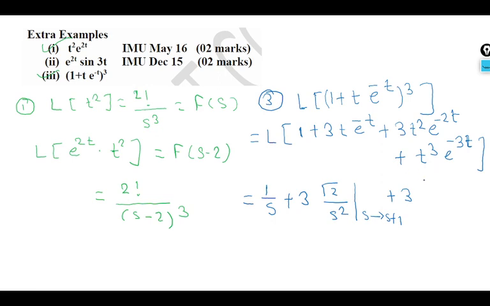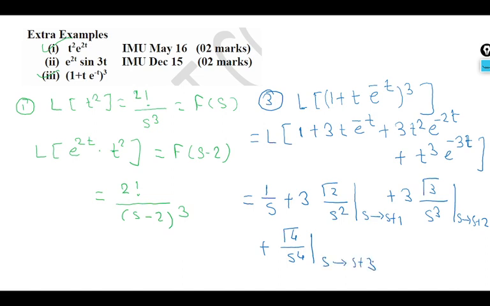Laplace of t square is gamma 3 divided by s cube, where we shift s to s plus 2. And the last one, Laplace of t cube, is gamma 4 upon s raised to 4, where we shift s to s plus 3.